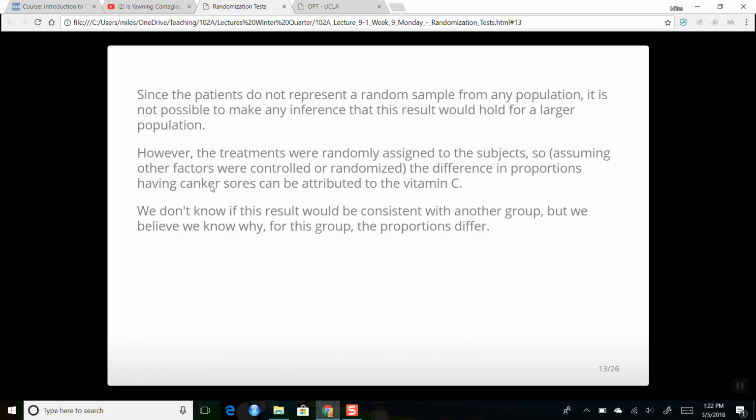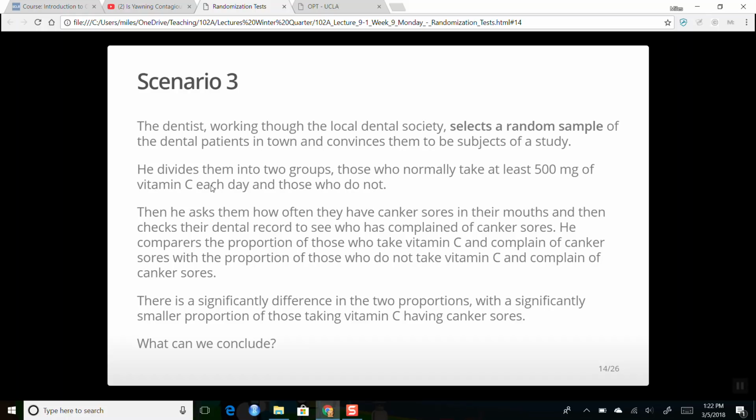So we conclude that the proportions are different because of the taking of vitamin C, but that conclusion applies only to this group.